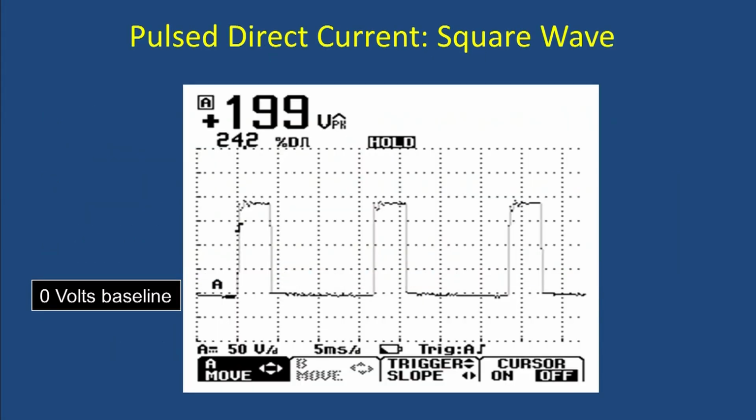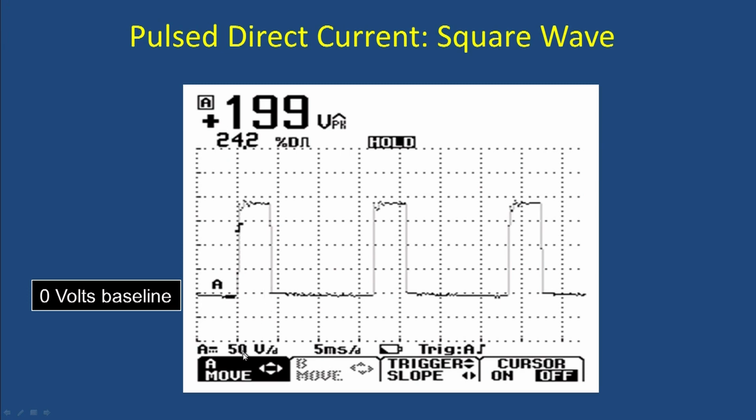Okay, so here's an oscilloscope or scope meter tracing of a pulse direct current waveform, and you can see here that this is about a 25% duty cycle, so the period goes from here to here, and about 25% of this time is taken up by the pulse, so that's about 25%, 24% denoted here.